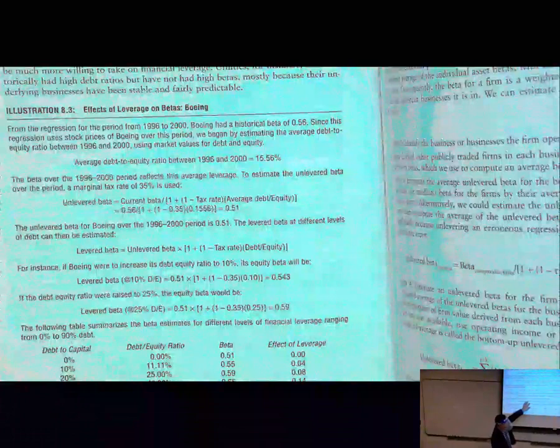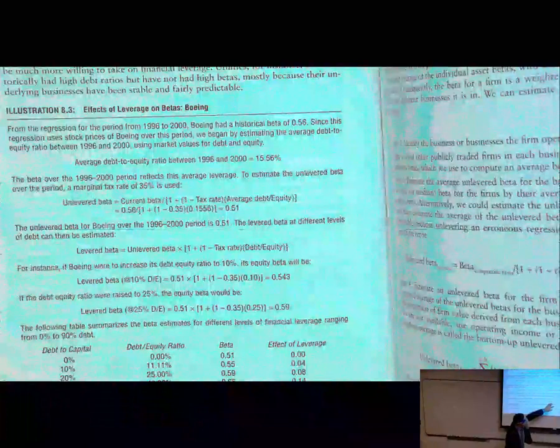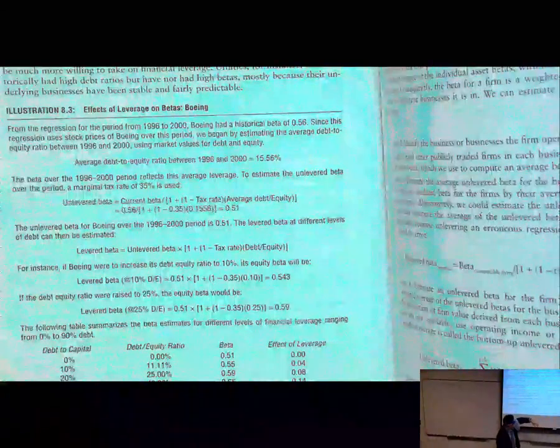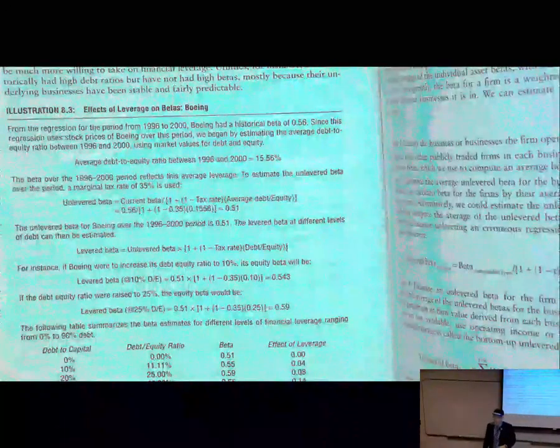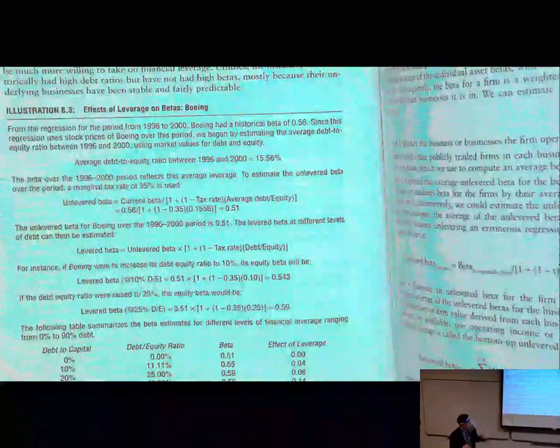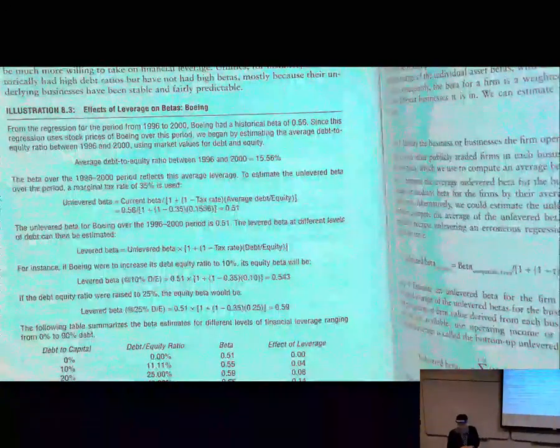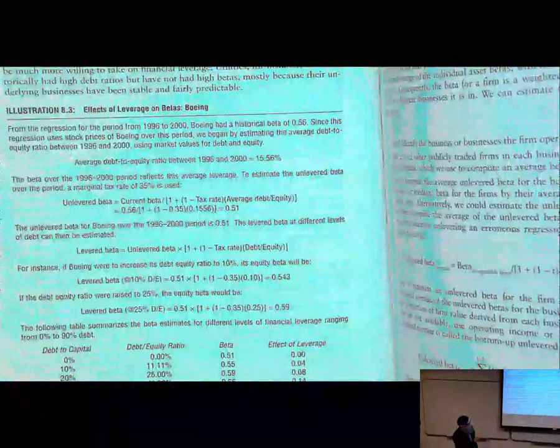If the debt ratio increases to 25%, then we plug this number into the equation like this. And you see the beta estimates are different based on different capital structure. Based on the current debt structure it is 0.56. If the ratio declines, it should be 0.54. If it increases, then it would be 0.59.